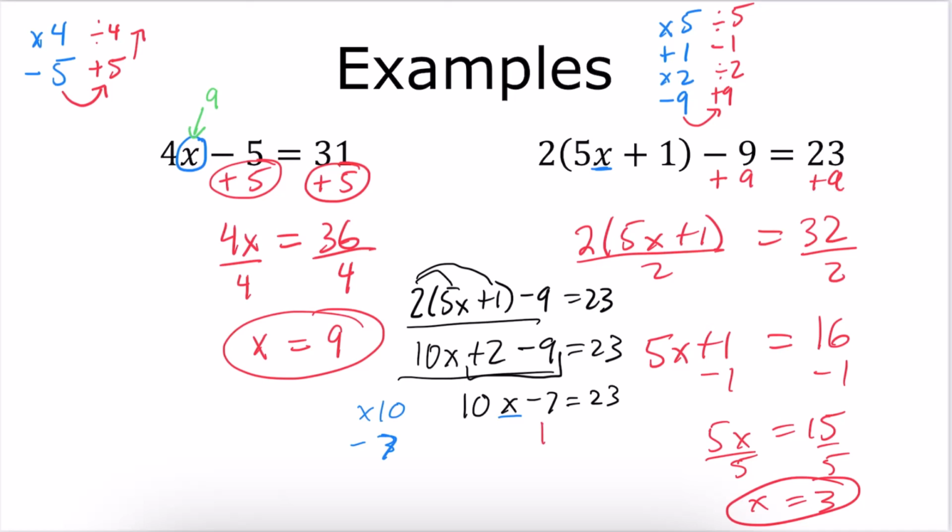So to solve, I would add 7 to both sides, which gives me 10x equals 30, and then divide by 10 because that's going to undo the multiplication by 10. And that gives me the same answer of x equals 3, just in a different way.